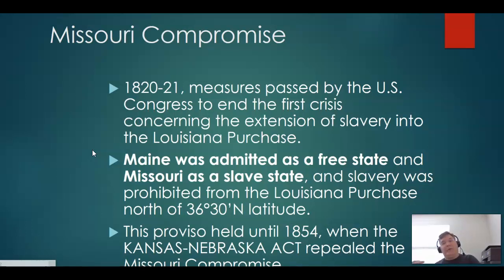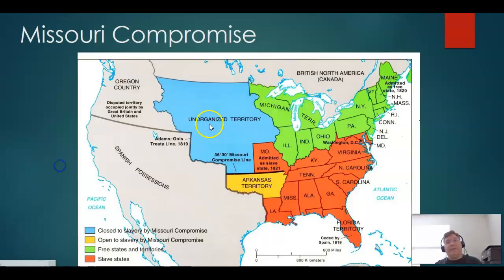What to do over the rest of that land is we have this Missouri Compromise line, and above the line there's no slavery, and below the line that territory is open for slavery as those territories become states. And so that solved the problem for the time being, at least initially. It doesn't really solve the problem down the road and forever.